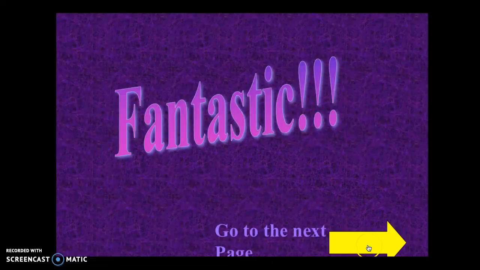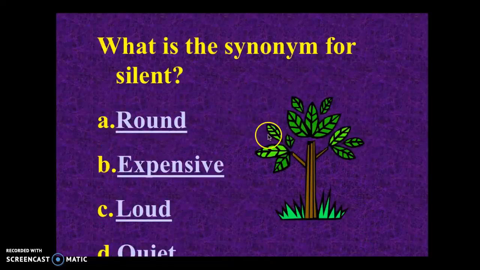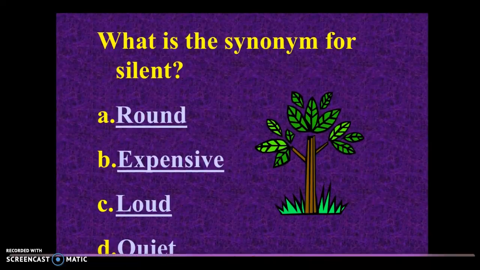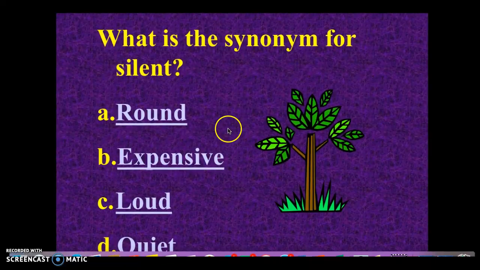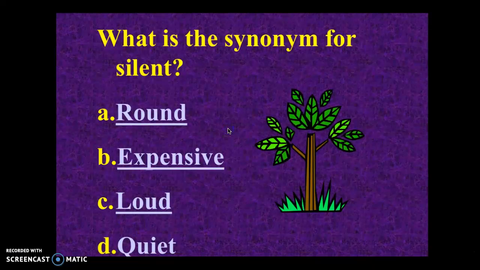It says fantastic. Go to the next page. What is the synonym for silent? The options here are A, round, B, expensive, C, loud, and D, quiet. So I'd once again have the students raise their hands, try to answer the questions, and I would say, round would not be a synonym because round and silent don't have anything to do with each other.